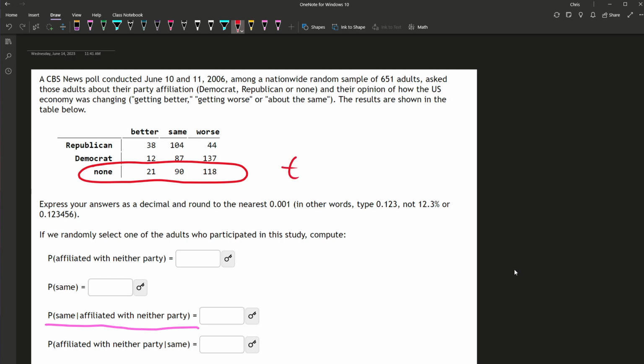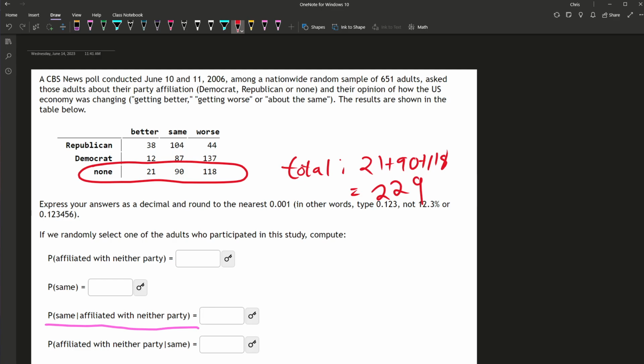So the total here is going to be 21 plus 90 plus 118. It's good for us to know this total. This is 229.